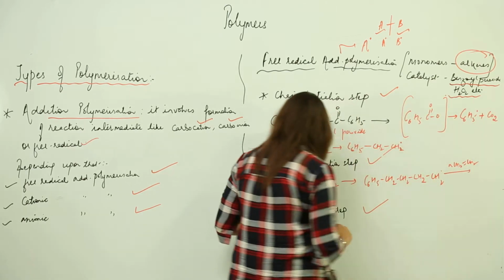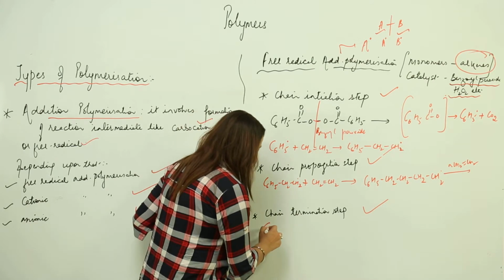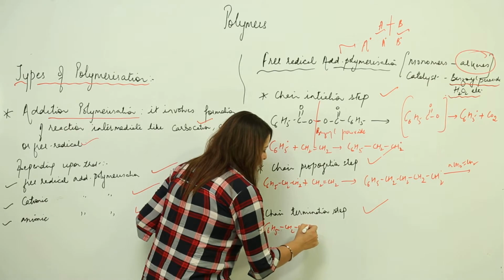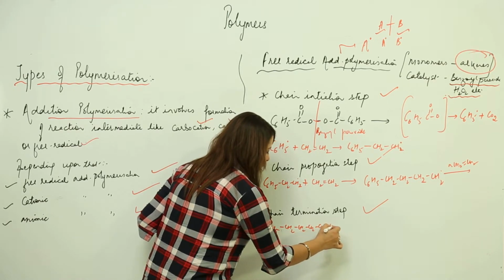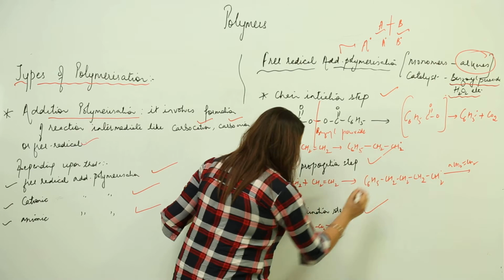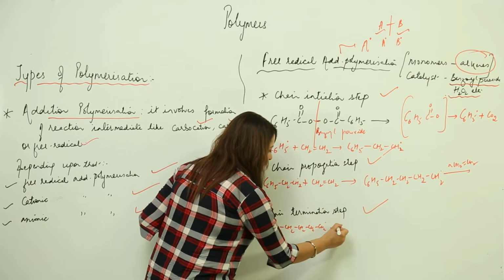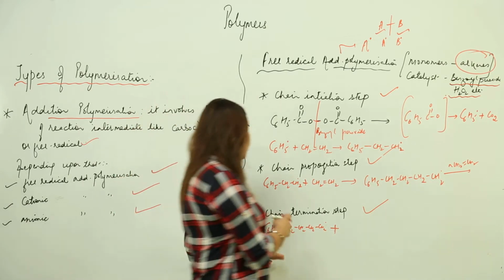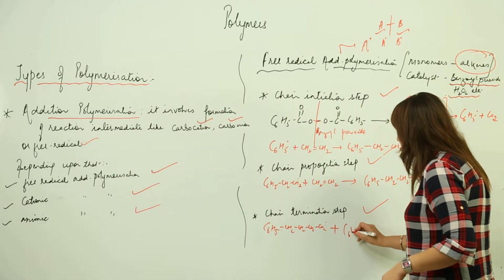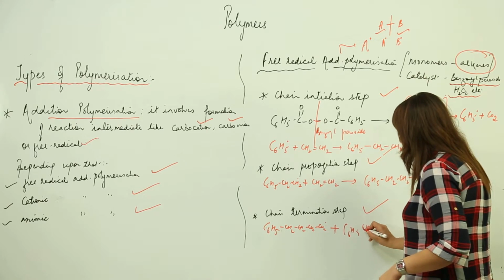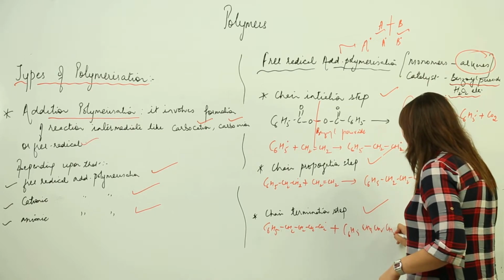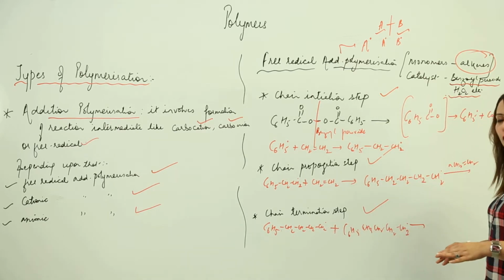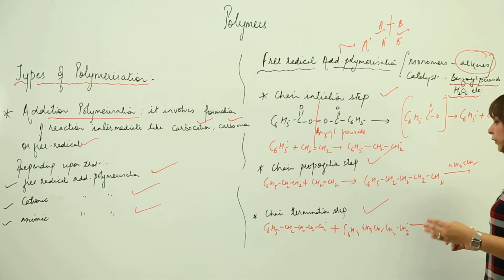And then at last we have the chain termination step, where I take 2 molecules. Let us take this one molecule, free radical. If we want our monomer to be like this, we take two units of the same kind, and they will just link up, the chain will stop propagating and the reaction will get terminated.